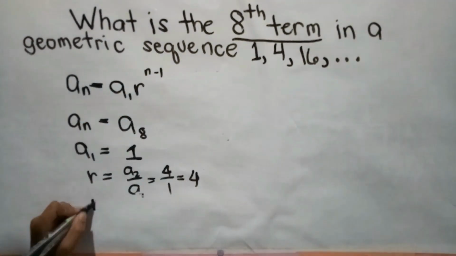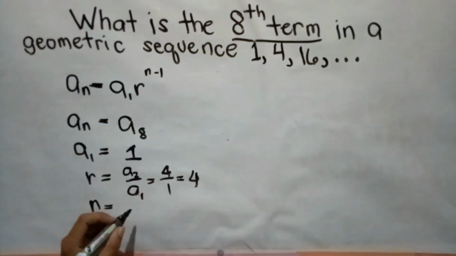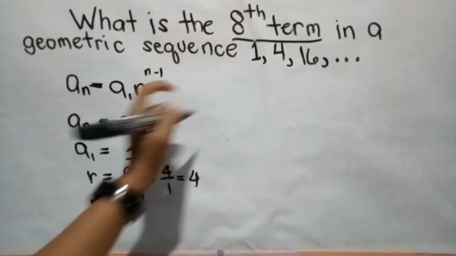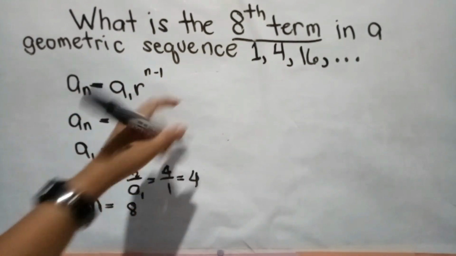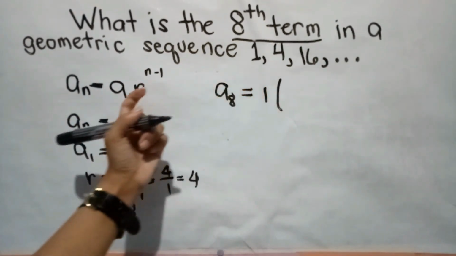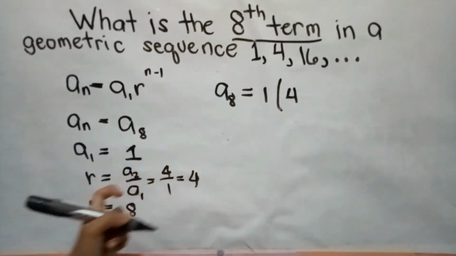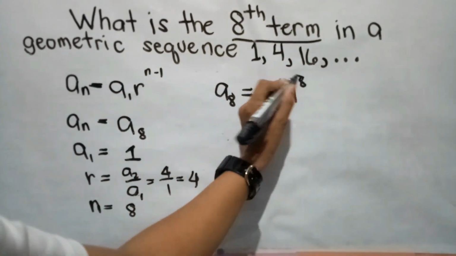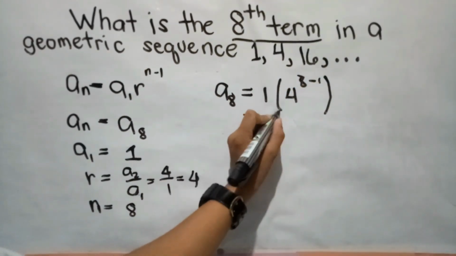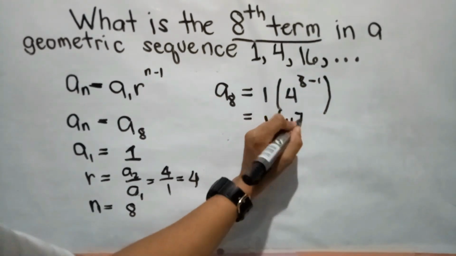Then n is equal to how many terms? We have 8 terms. So let's substitute the values. A sub n is equal to a sub 8. Then a sub 1 is 1 multiplied by r, which is 4, raised to n, which is 8, minus 1. Let's solve. 1 times 4 raised to 8 minus 1, that is 7.